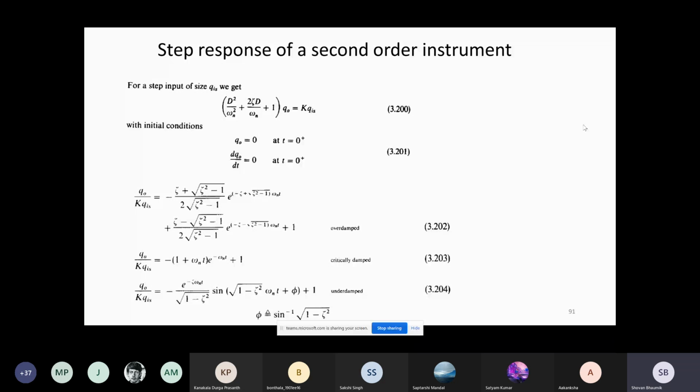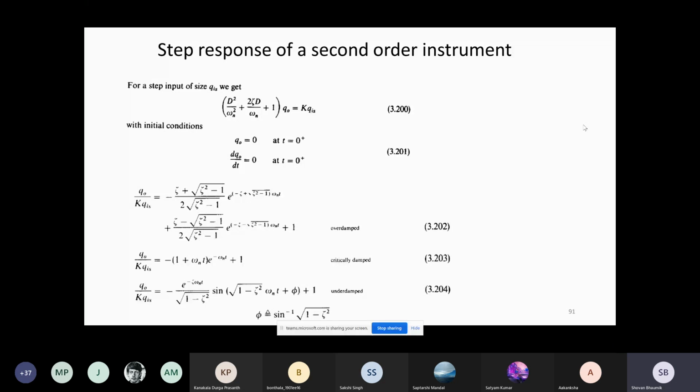So in our application, this has a limited application. Now let's come to equation 3.203, which is quite a short equation. Q0 by Qis will be equal to minus 1 plus omega nt into e to the power minus omega nt, plus 1. Here also you see that as t keeps increasing, the output keeps on increasing.